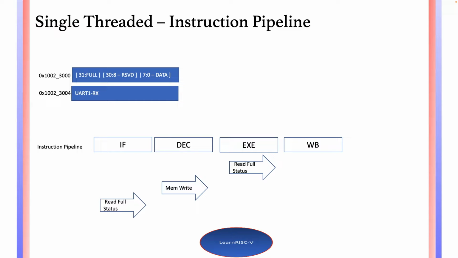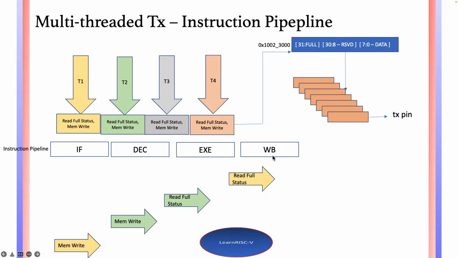So what happens when we have a multi-threaded environment where there are multiple threads? Let's take an example with 4 threads. Each color represents a thread, and it's not uncommon that most of the threads would use UART, because for any debug logs or printouts, all those messages go through the UART.